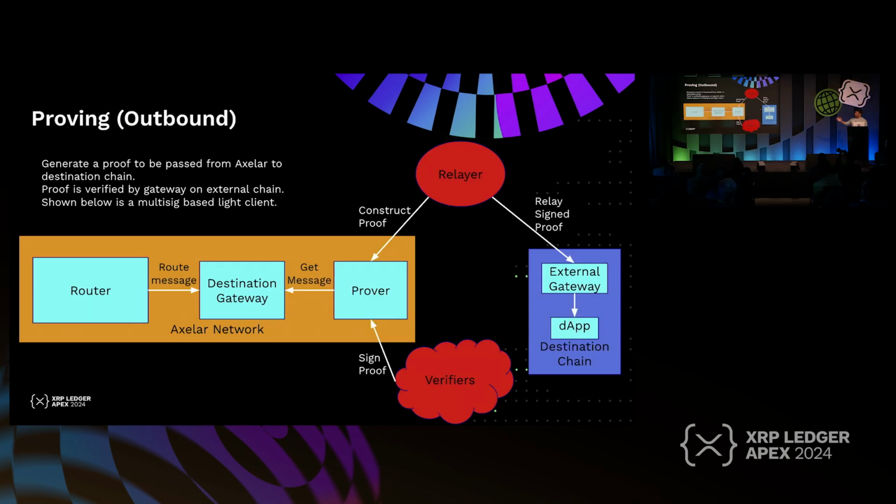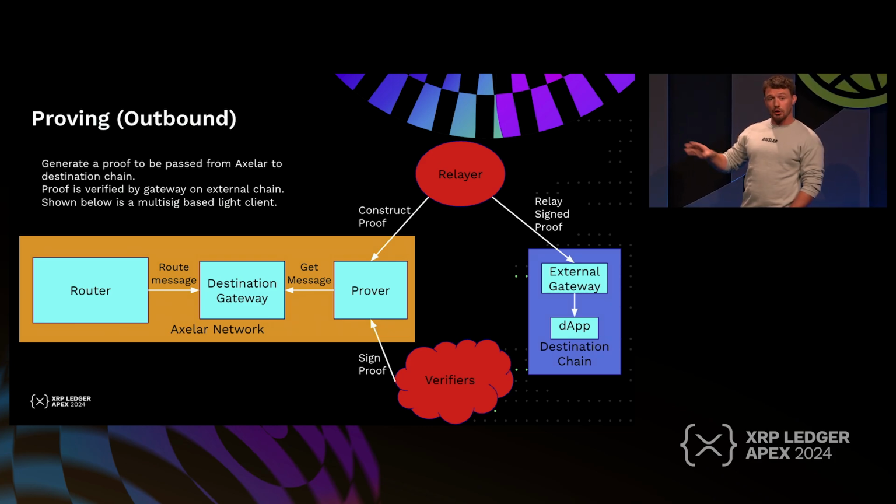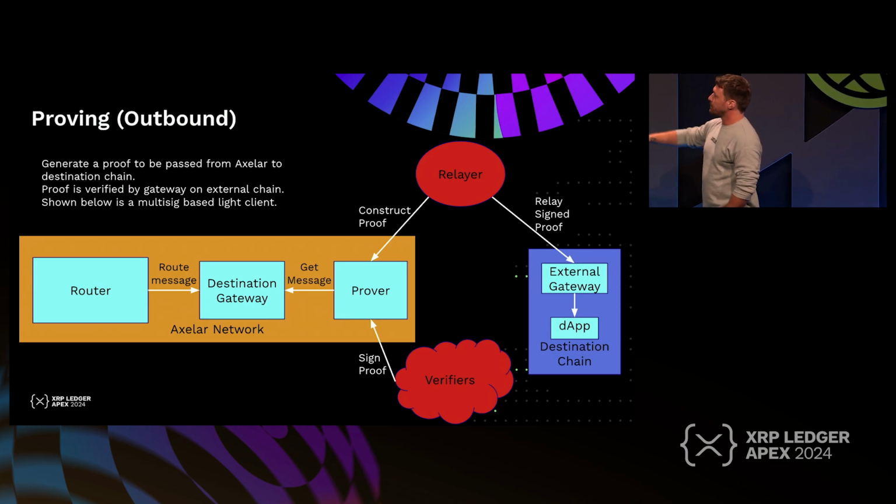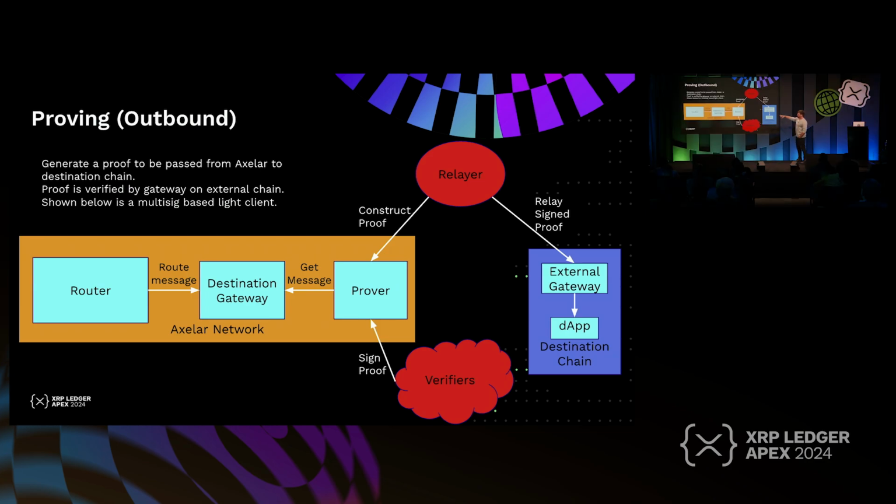So proving, this is the other side of the flow. This is messages leaving Axelar. How is this done? This is just the reverse of verification, basically. And again, this is also modular, but this is one example. This is what we usually do. When the destination contracts on Axelar receive a message, say I have a message for your chain, they construct a proof.